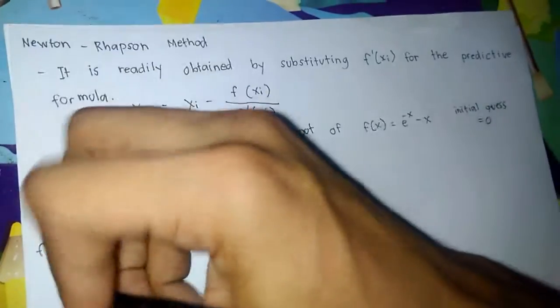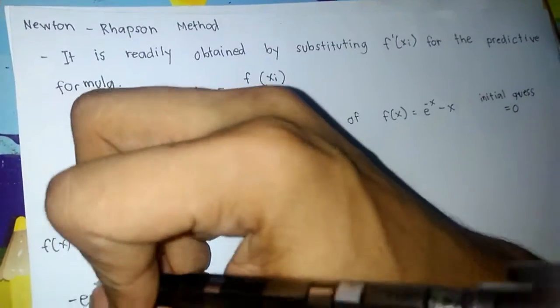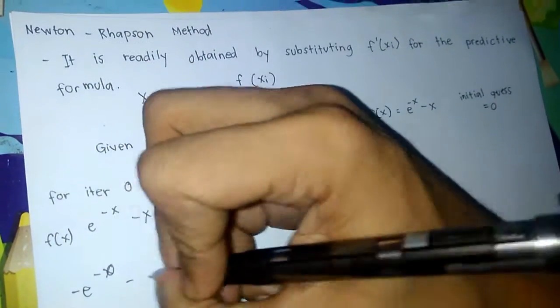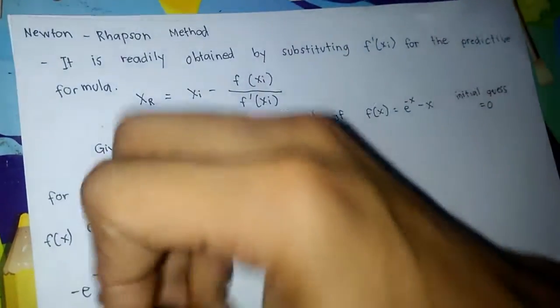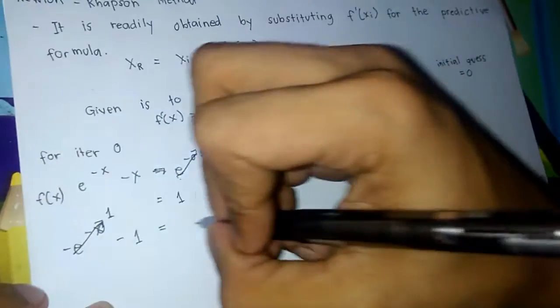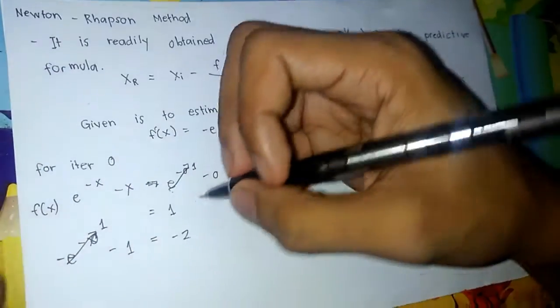For the derivative, negative e raised to negative x, which is 0, minus 1, has a value of negative 2.